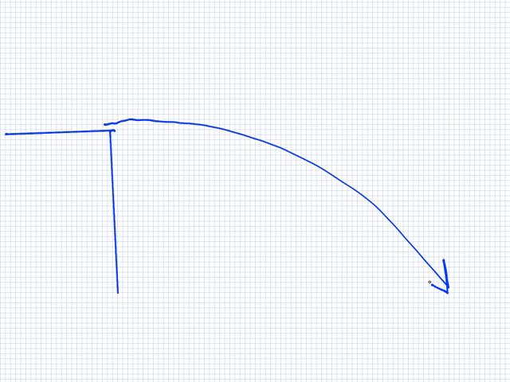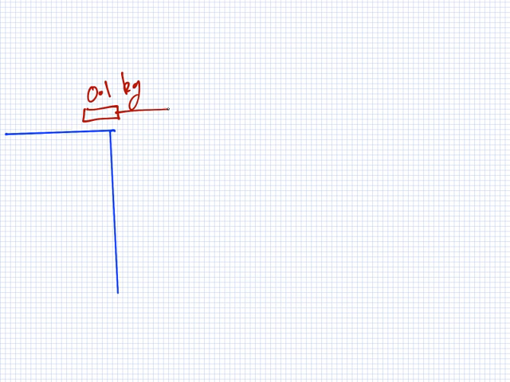There were quite a lot of steps there. First you have to get the time, then the Vx, then the Vy, and then you use Pythagoras to get the V. But now we have another way of doing it. Here's the bullet. It's 0.2 kg, and its speed is 100 meters per second. And then it will hit the ground here.